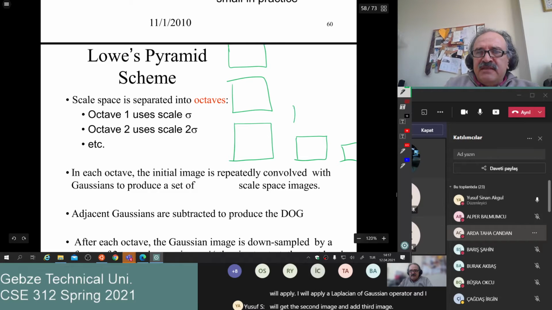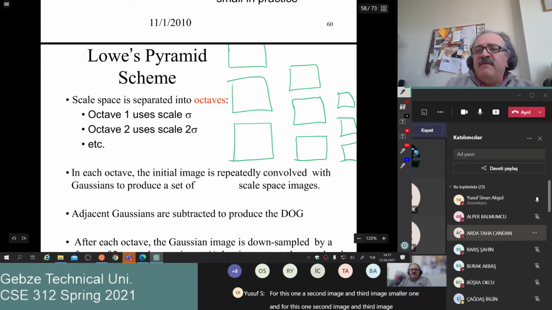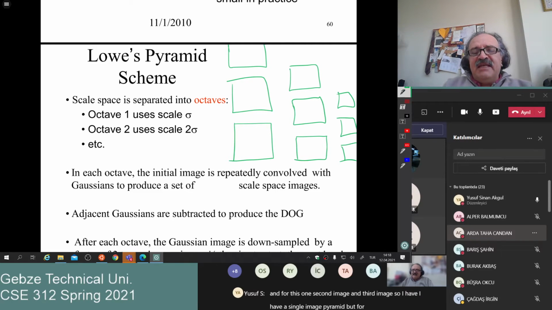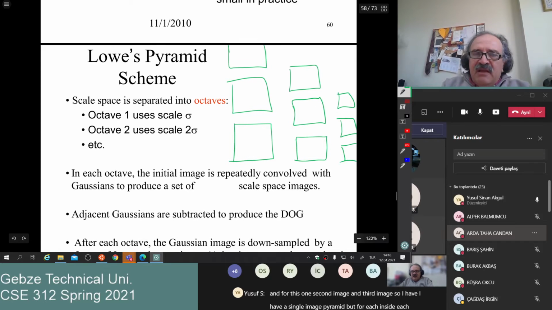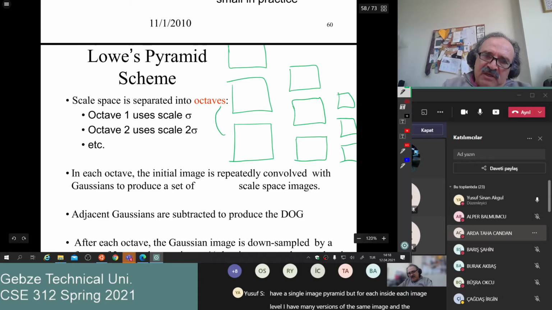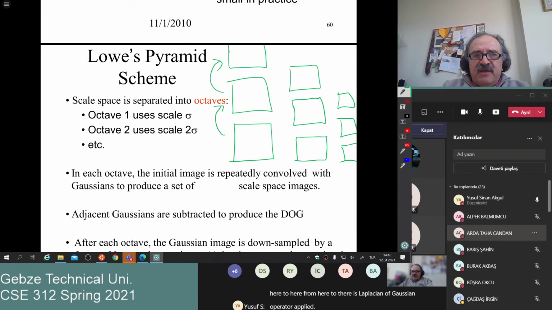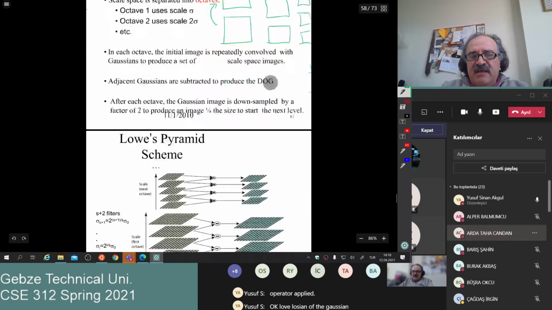For this one, a second image and third image, smaller one. And for this one, second image and third image. So I have a single image pyramid, but inside each image level, I have many versions of the same image, and from here to here, from here to there, the Laplacian of Gaussian operator is applied.